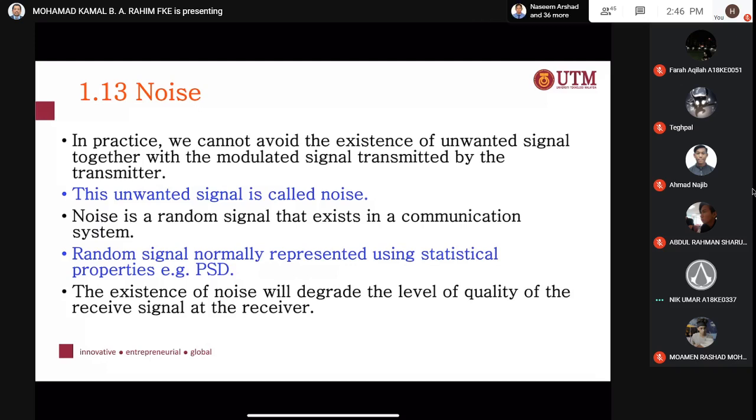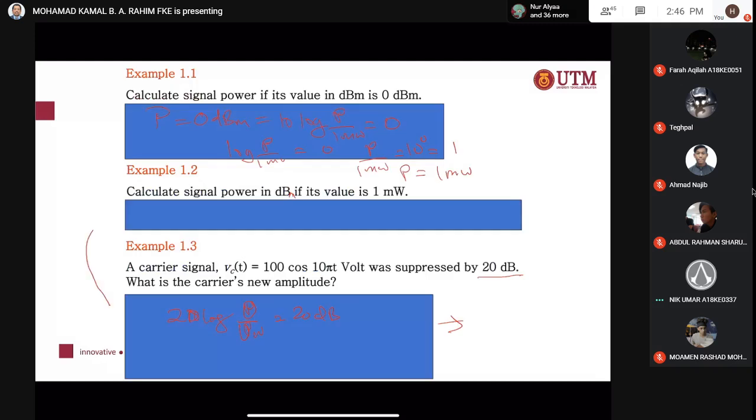How is it? So you have 20 here, log whatever value that you have, V2 over V1, because this is in voltage, you see. You have to see whether it is in watt or in voltage. Okay. So for example, you need to find out the value that you suppress in this case.